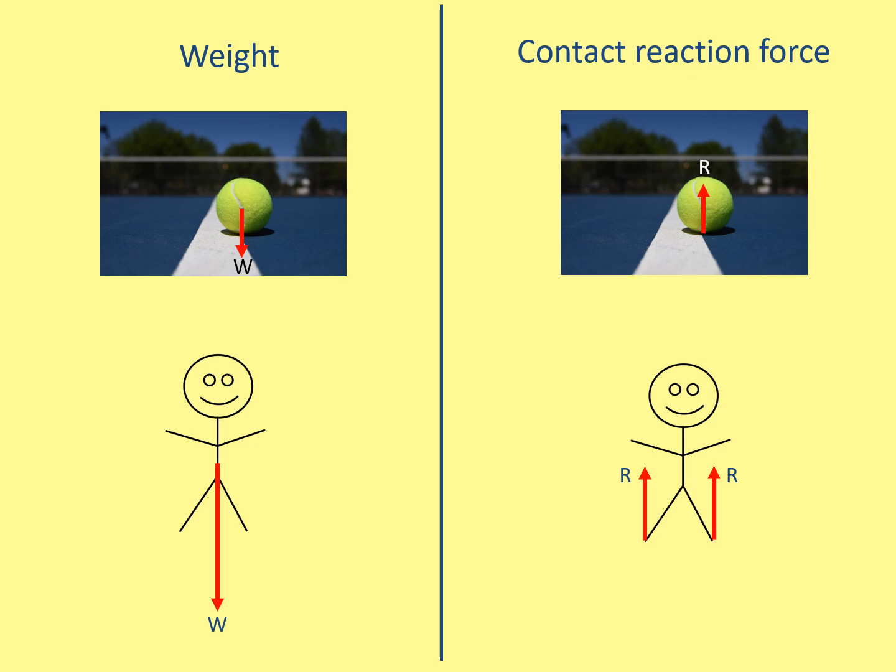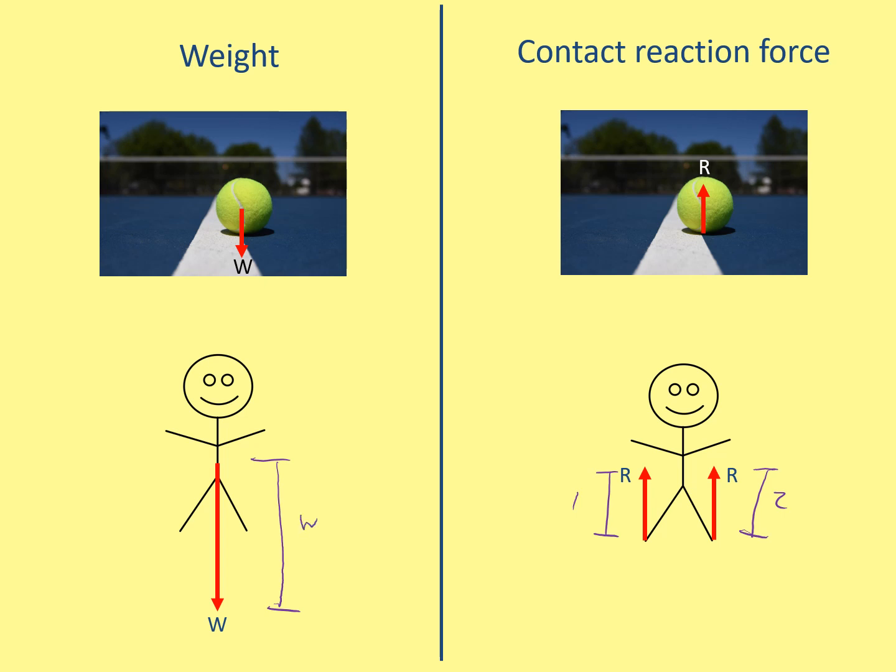And with the 2 feet, the force would get divided into 2. So the force pushes up from the floor onto his feet. And because he's got 2 feet, there are 2 arrows. But remember about the length. The length of this arrow here is the weight of the man. And the size of these 2 arrows here, this one here, number 1, and this one here, number 2, those 2 should add up to the weight.